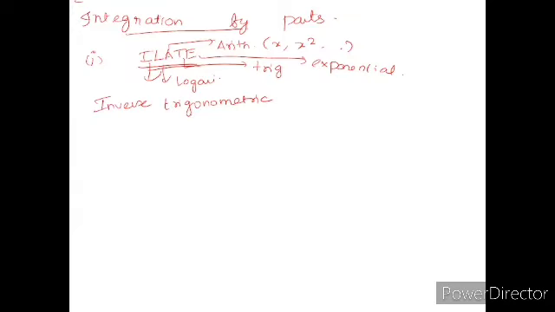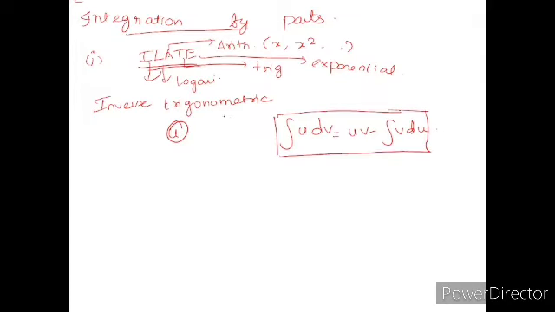So your integration by parts is integral u dv is equal to uv minus integral v du, correct? So this is your formula. Okay. Now while you are choosing your u, you have to remember this ILATE in your mind, and your prioritization of u will go in this way.